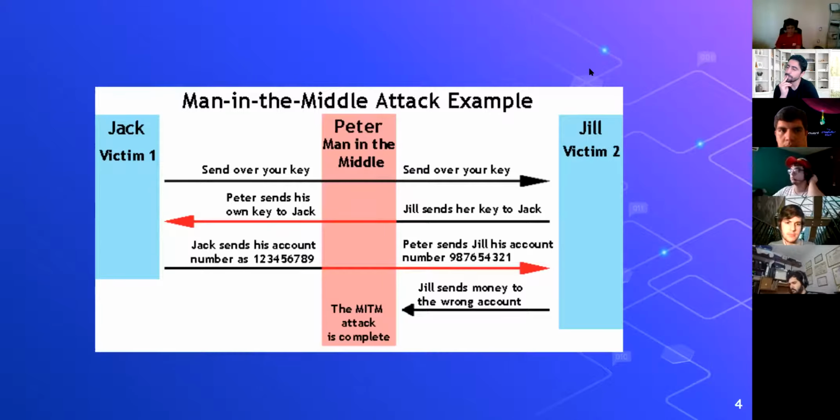So Jack, thinking that he has a secure, established connection with Jill, sends his account number, but Peter, as the man in the middle, tricks the number and changes it to his own bank account. So now Jill goes and deposits money to the wrong bank account, and this ends the man in the middle attack.